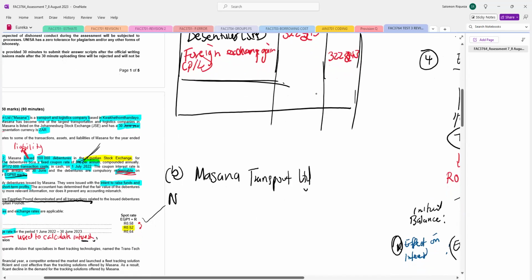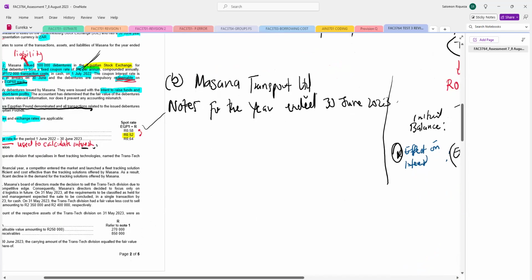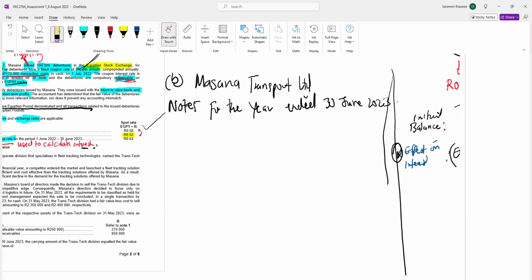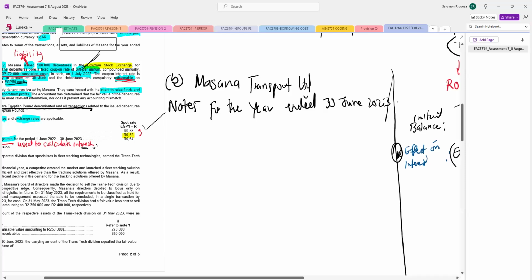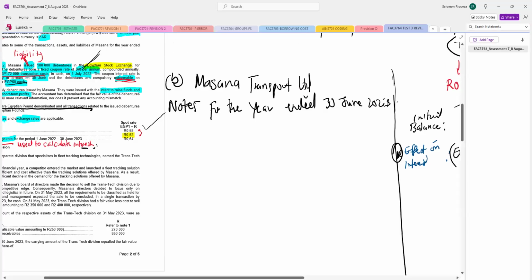I want to do notes for the year ended 30 June 2023. Right, then I'll begin to list my notes. Let me just do a line here so that it doesn't disturb us.